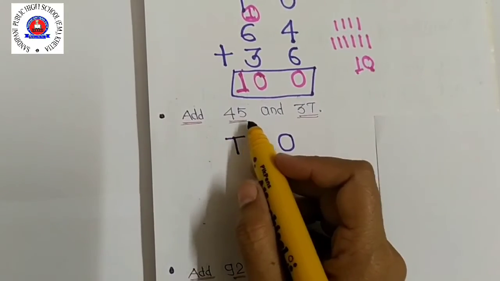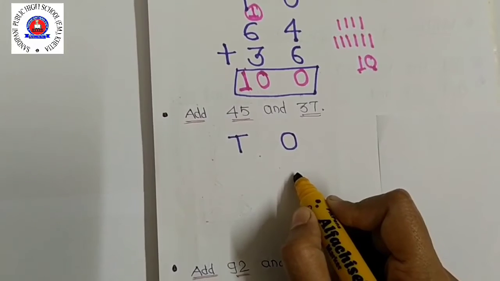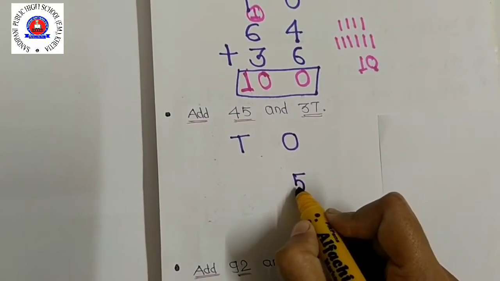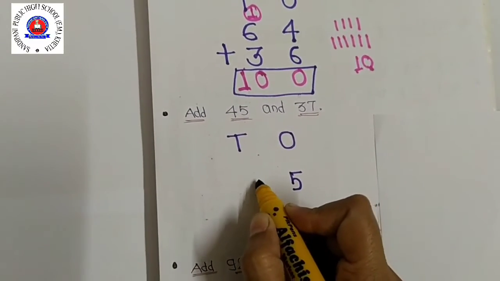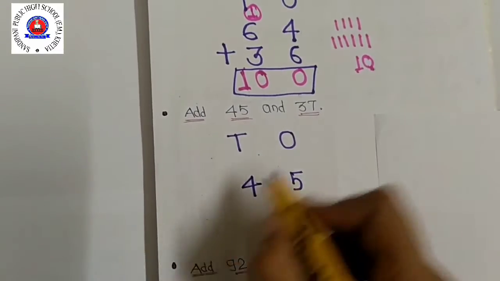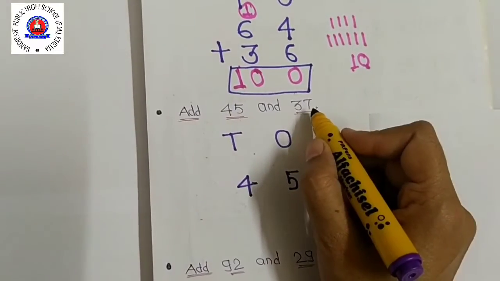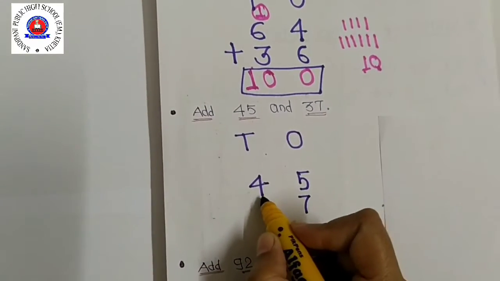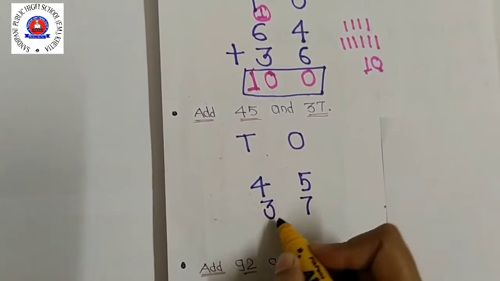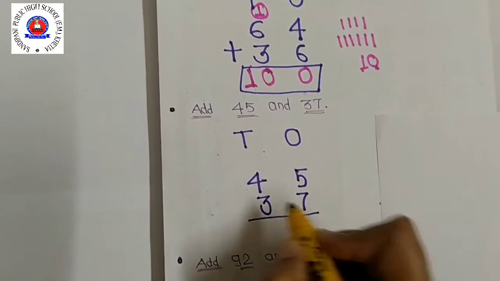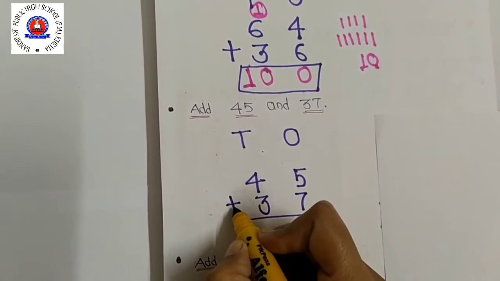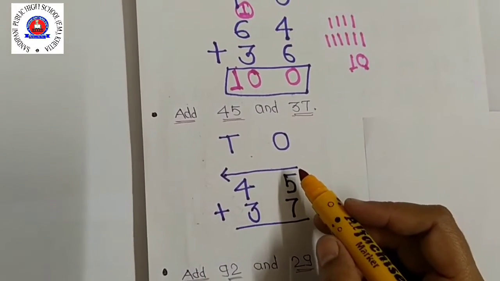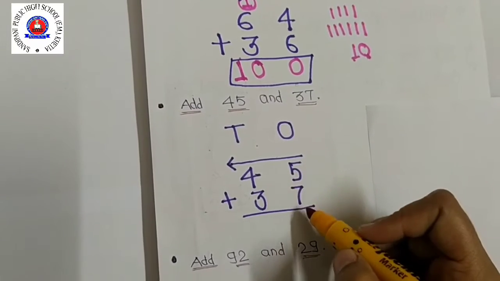In this 45, write 5 in the ones column and 4 in the tens column. And in 37, 7 is written in the ones column and 3 in the tens column. Now add this. First step is what? We have to add the digits in the ones column.